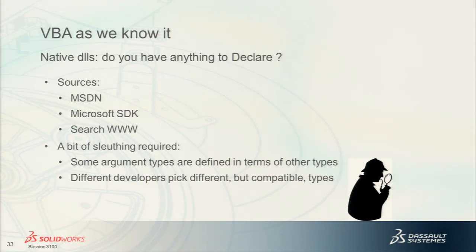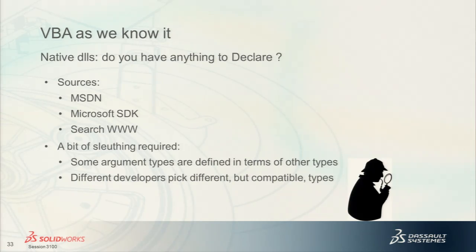The presentation will contain links later on, so you don't have to write all these down. And of course, Google is your friend, or Bing is your friend. Just search for them. You're not alone in this world. There are so many other programmers who've looked at this before, have found a useful function, and documented it somewhere. Entire sites are dedicated to doing this. So search engines are your friend here.